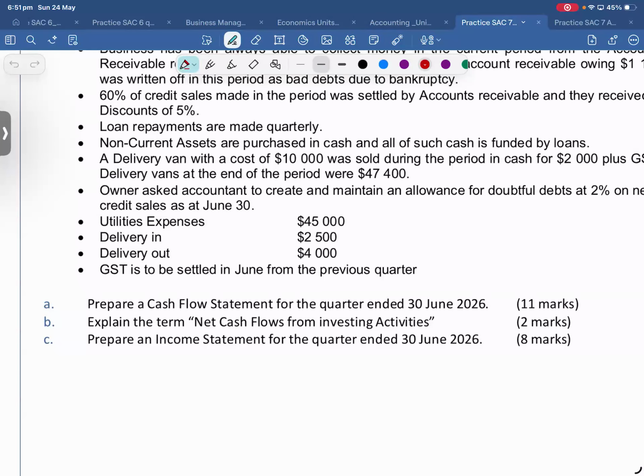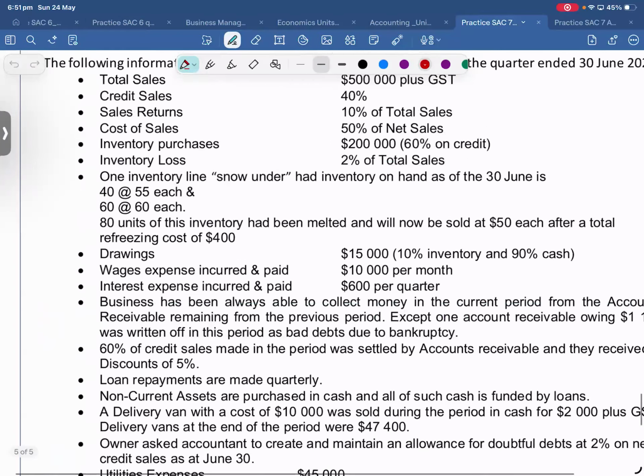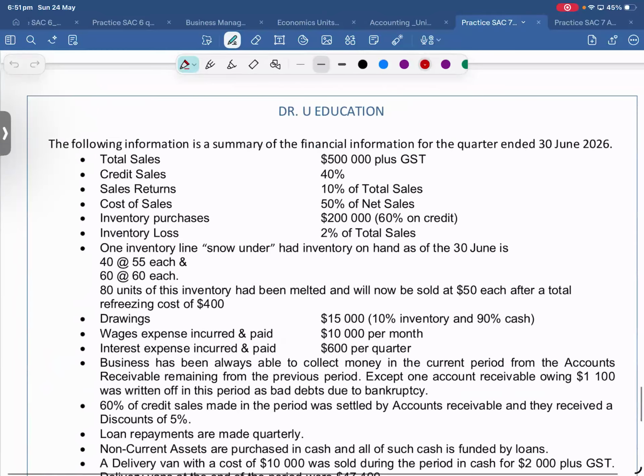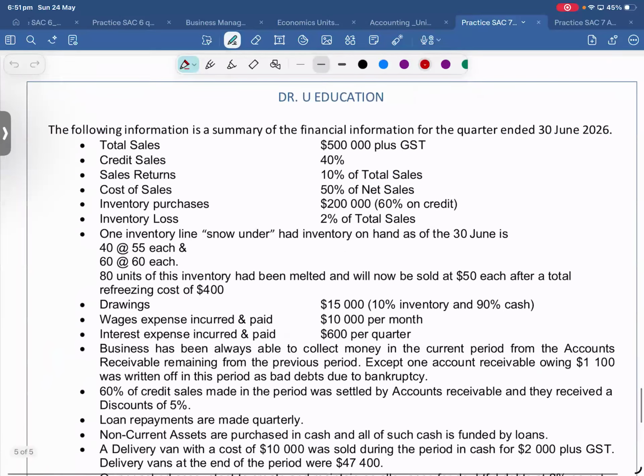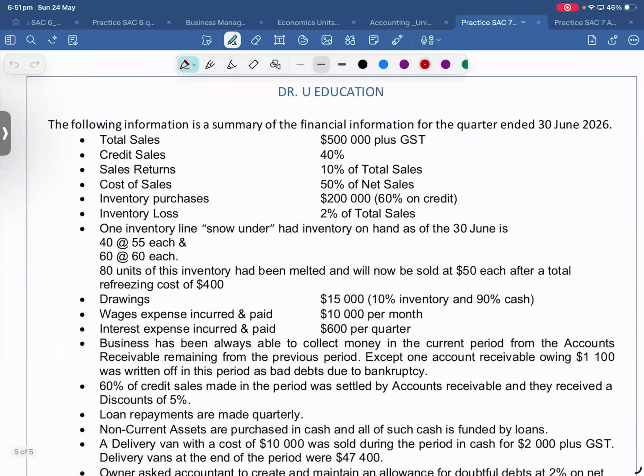We are meant to do the cash flow statement and the income statement for the quarter ended 30th June 26. Okay, guys, where would we start? Yeah, additional information, right? Then how long is the period? 3 months.